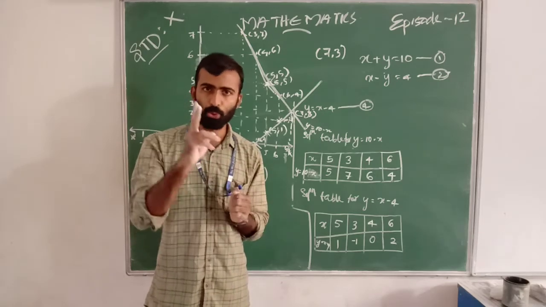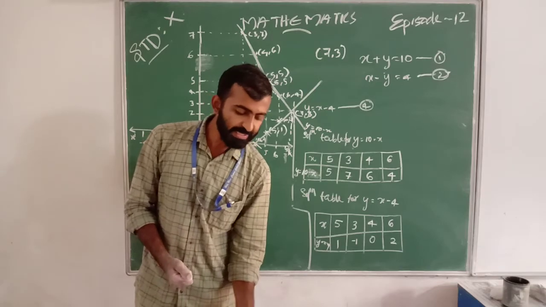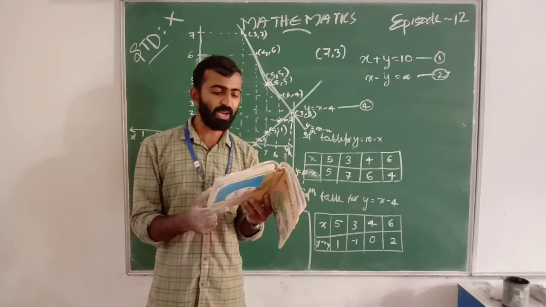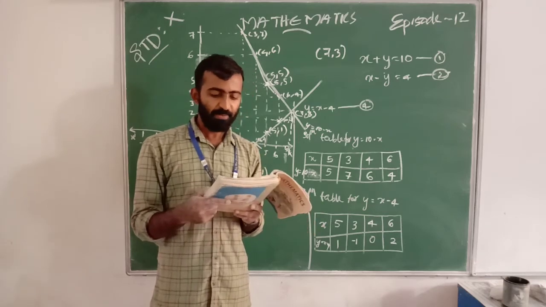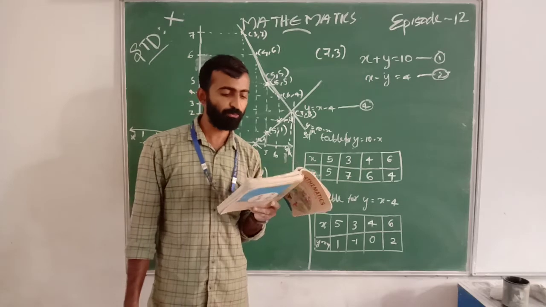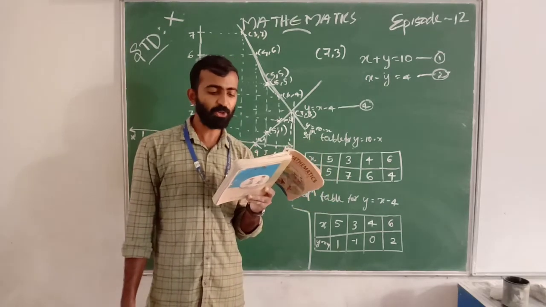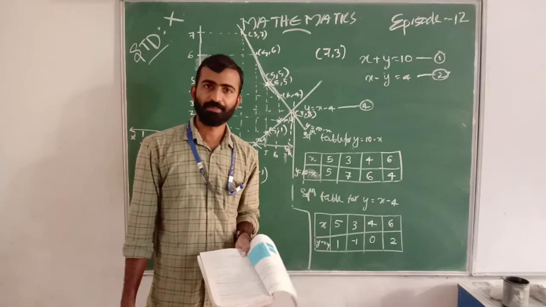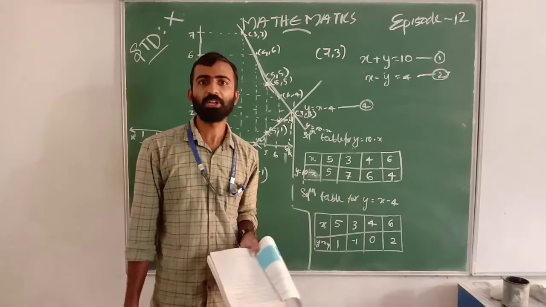We can take two equations. The question is: 5 pencils and 7 pens together cost 50 rupees, whereas 7 pencils and 7 pens together cost 46. Find the cost of 1 pencil and that of 1 pen. This is for your homework. You can take two equations.